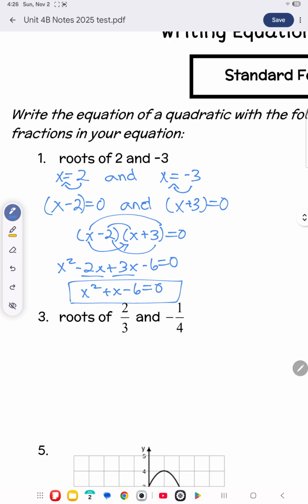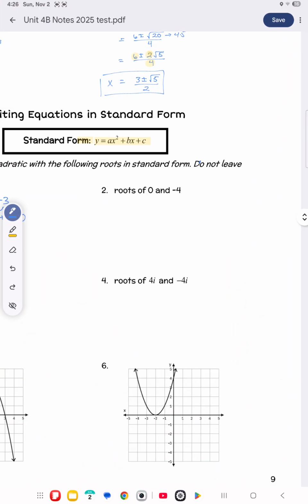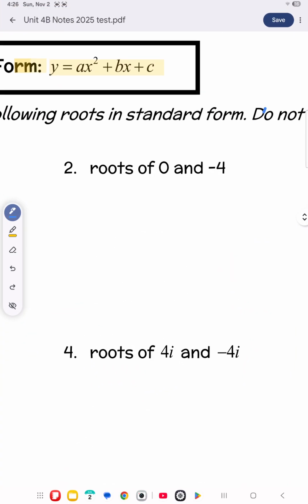Right? So let's do another example. Come over here and we're going to look at roots of 0 and -4. All right, that means x equals 0 and x equals -4. We turn these into factors. x equals 0. It already equals 0, so we don't have to do anything. We're going to leave that one alone. And then we're also going to have x plus 4 is equal to 0.